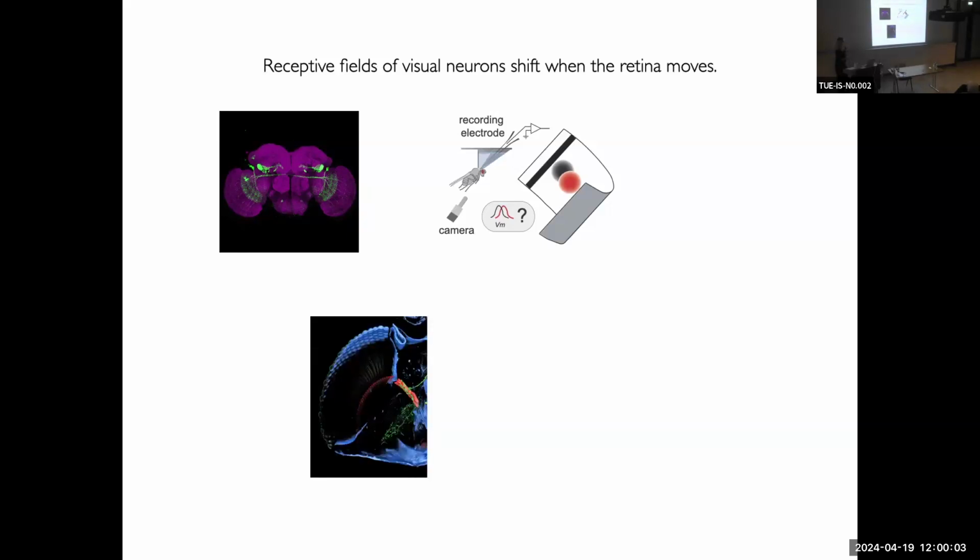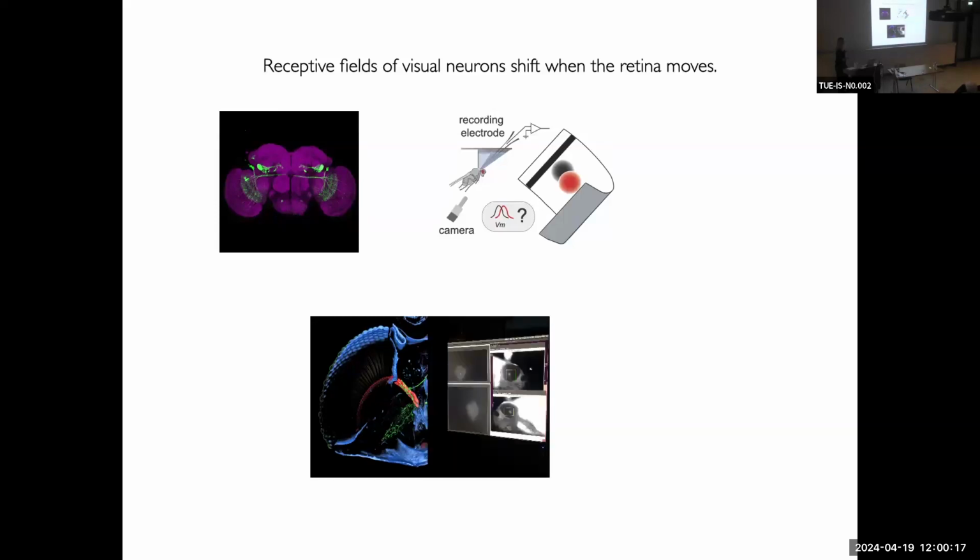And we moved the muscle by activating the motor neuron by expressing CsChrimson, a red-shifted channelrhodopsin. And whenever we shine red light on the motor neuron, we can shift the retina and then hold it in place.